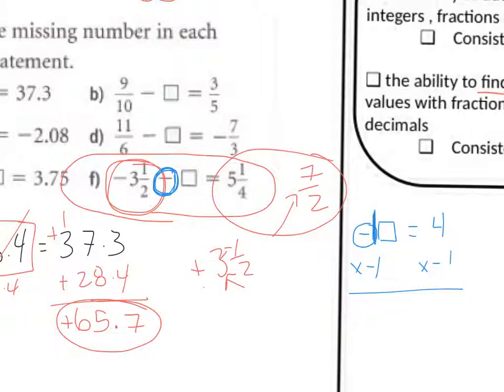Negative and a negative is a plus 1, and that gives me my unknown, which is good, but it doesn't really matter what's on the inside. If I multiply by plus 1, it just makes it positive, which we need. If I multiply this side by negative 1, I must multiply this side by negative 1. So 4 times negative 1 is negative 4. So my answer would be negative 4.